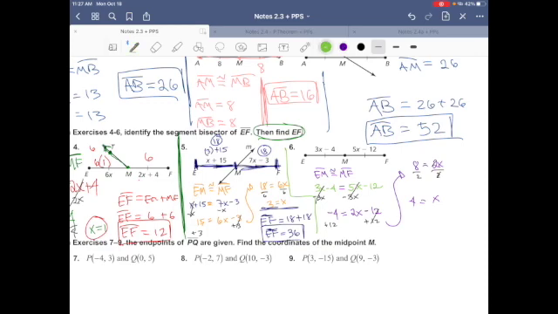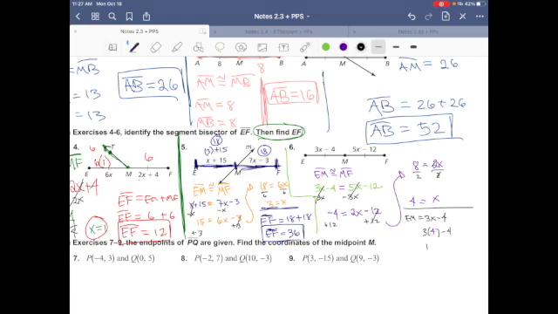So now I'm going to take this, and if I know that x is 4, I'm going to plug it in for x, right? So if I know that EM equals 3x minus 4, that's 3 times 4 minus 4.